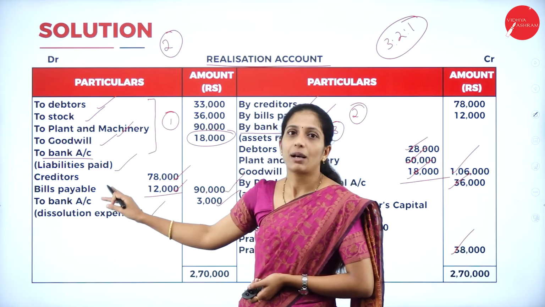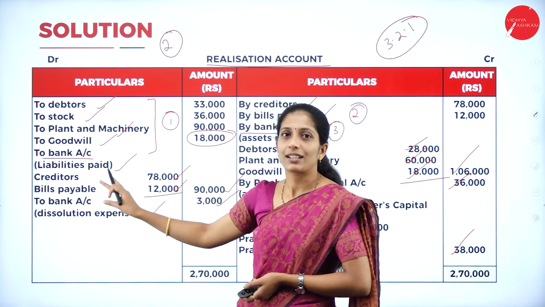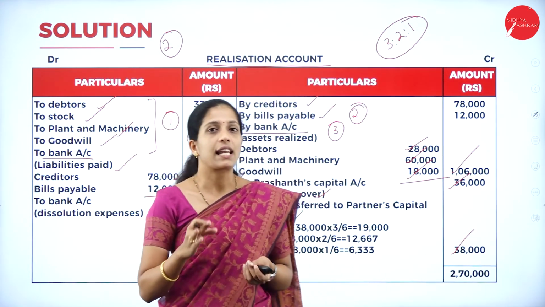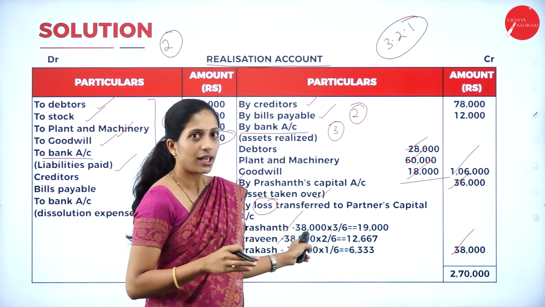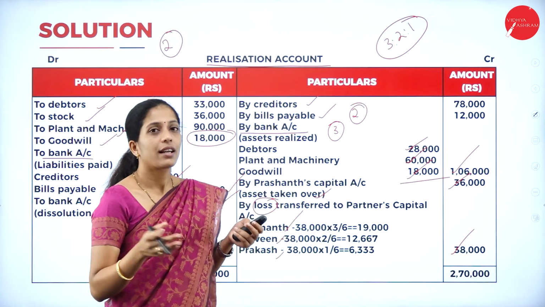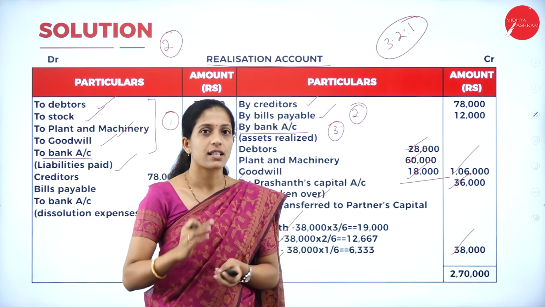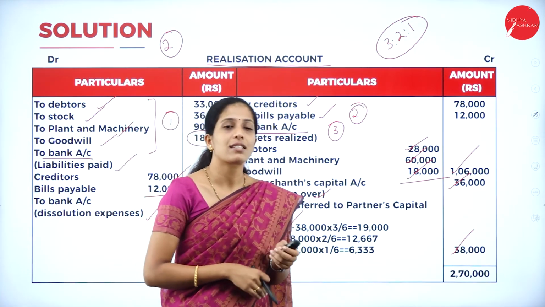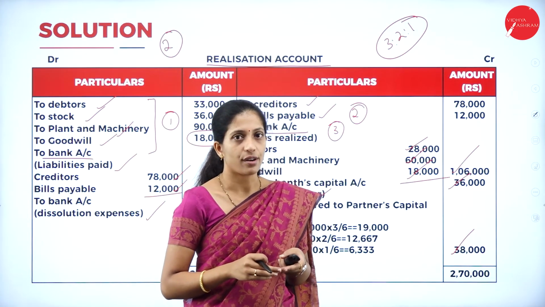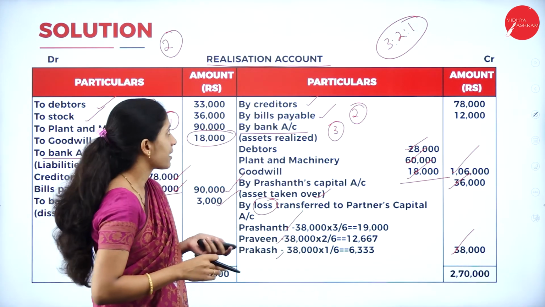Next, make the payment to liabilities. So here they have told both the liabilities were paid in full. Next, record if any asset is taken over on the credit side or record it in that partner's capital account. Next, write the dissolution expenses. Balance both the sides and the balancing figure will be either realization profit or realization loss. So this is about the realization account.